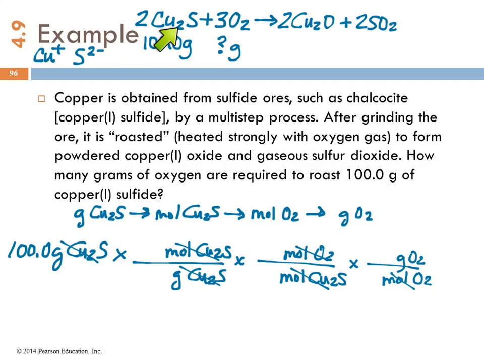Equation says 2 Cu2S and 3 oxygens. 3 oxygens, 2 copper, 1 sulfides. We need molar masses. Well, oxygen's easy. O2 is 2 times 16, 32. And copper, 63.55. 2 coppers, 63.55.